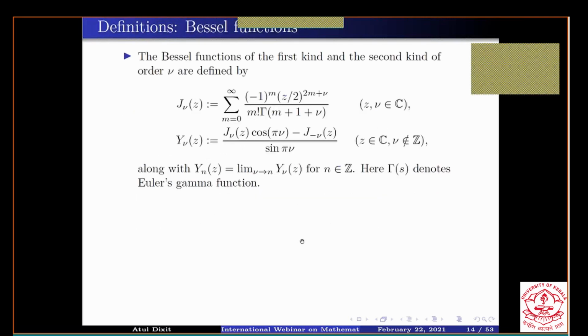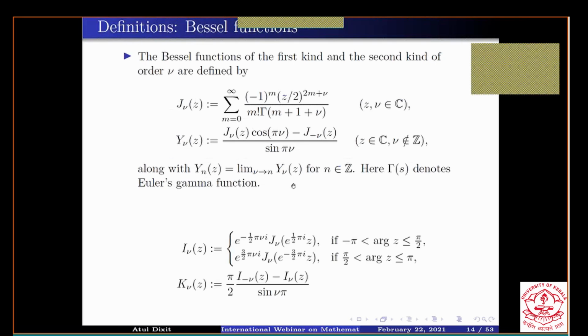Before I go over the main results, let me also look at the definitions of Bessel functions. There are two Bessel functions, one of the first kind and one of the second kind. These are their definitions. This is essentially 0F1. So you see that Y is expressed in terms of the J Bessel function. This is for nu not being an integer, but when nu is an integer, you take the limit, and then that becomes Y sub n of z.